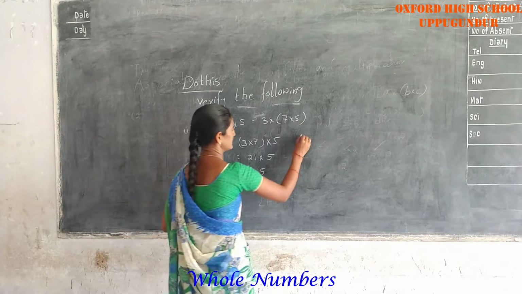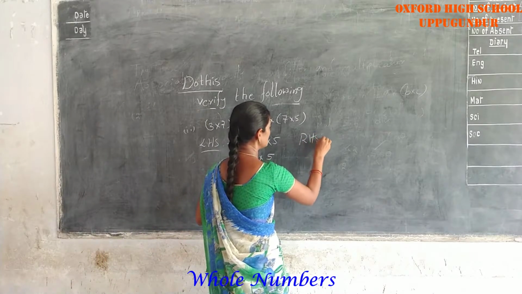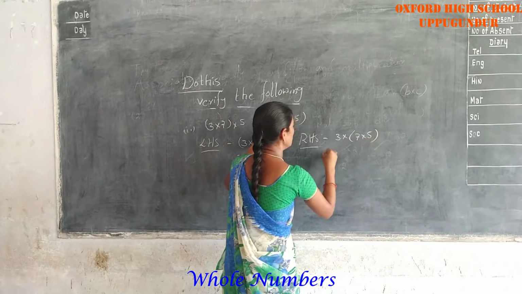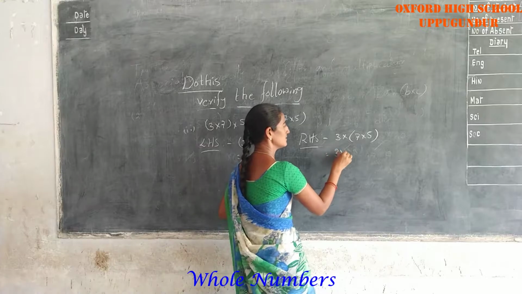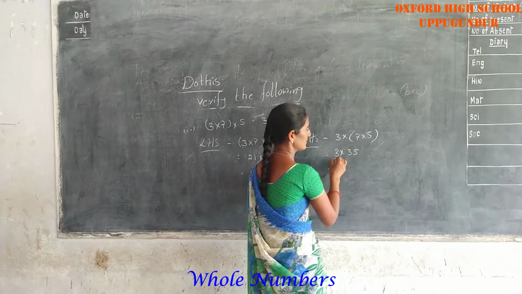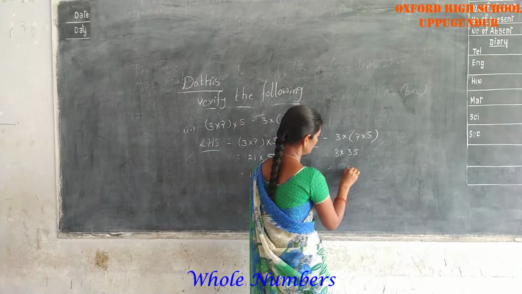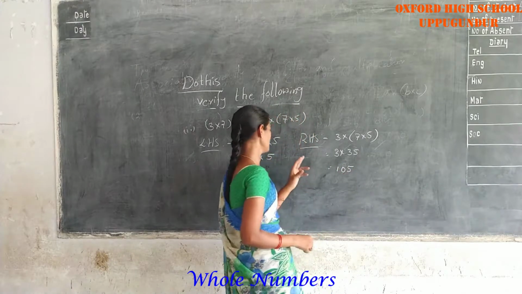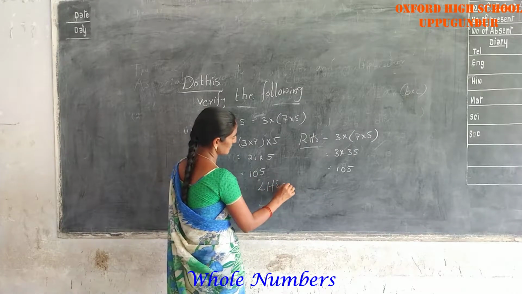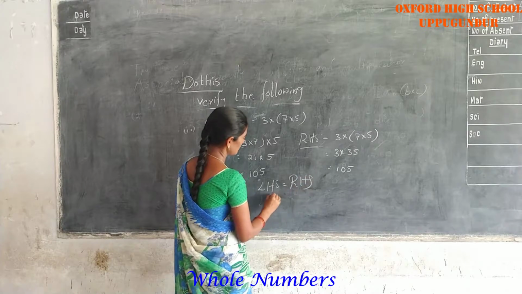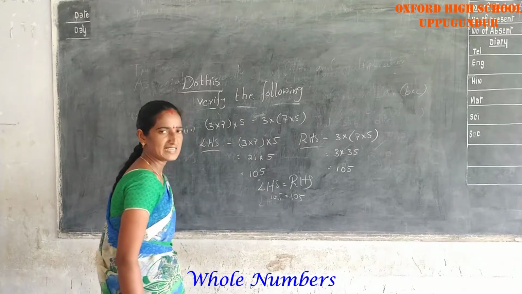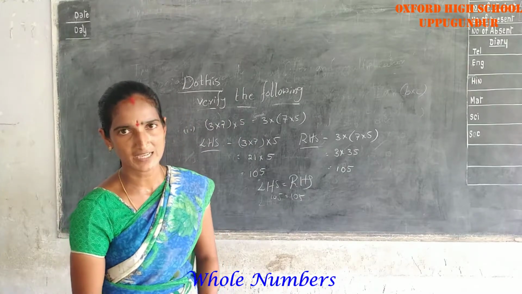Next RHS value: 3 into 7 into 5, that is equal to 3 into 7 fives are 35, that is equal to 105. LHS is equal to RHS, 105 is equal to 105. Associative property is satisfied in multiplication.